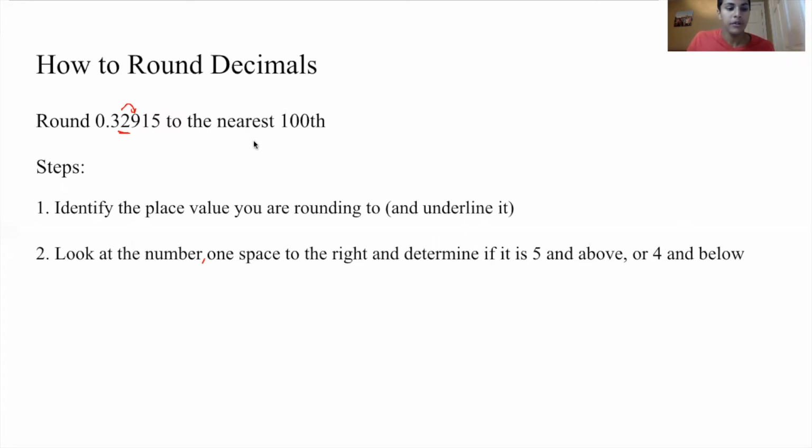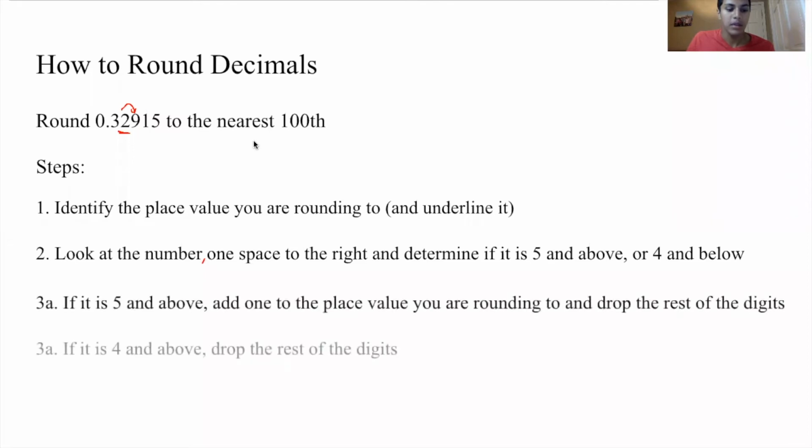So here's what we do if we round up. And I actually listed both steps here. So first, if it's 5 and above, which this number is, we're going to round up. So here's what you do. You add 1 to the place value you are rounding to and drop the rest of the digits. So we're rounding to the hundredths place. And in the hundredths place, we have the number 2. So we literally add 1 to 2. So 2 plus 1 is 3.